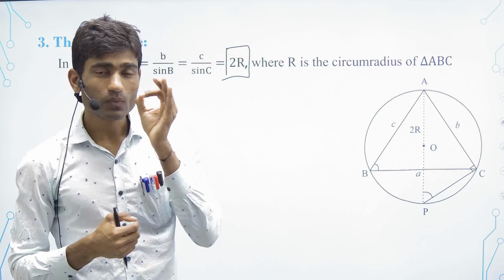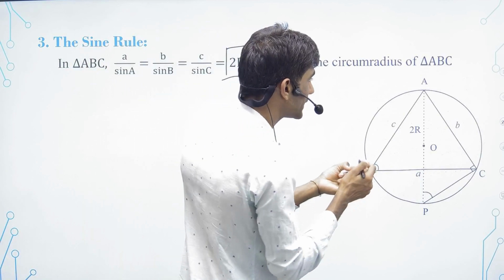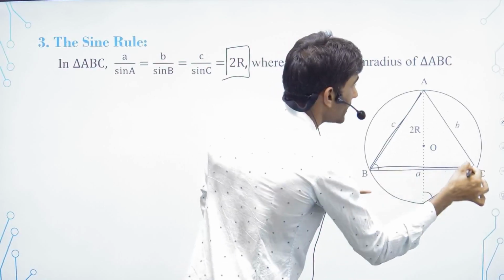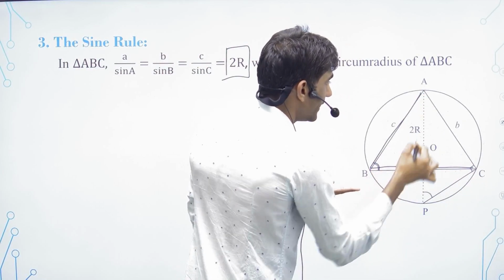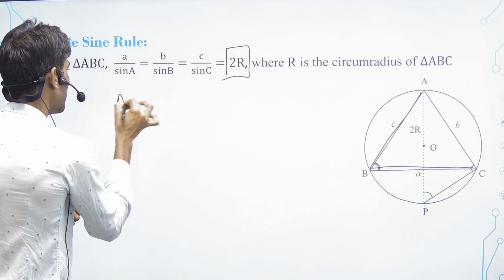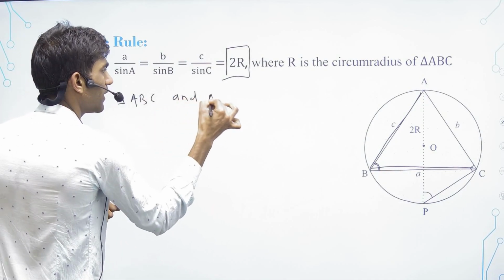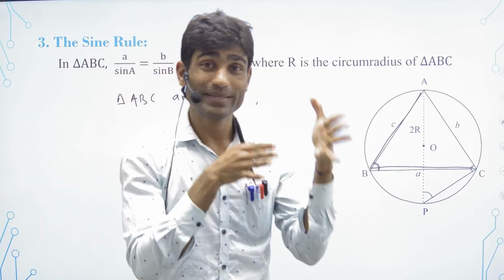Now before we start the proof for the next part, I would like to explain angle B for triangle ABC and triangle APC. We have two separate triangles here, triangle ABC and triangle APC.